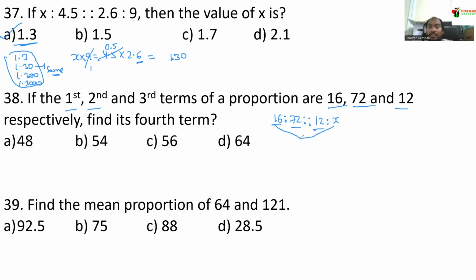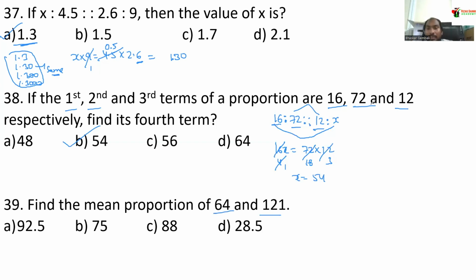Again, product of extremes equal to product of means. 16x equal to 72 into 12. 16 4s 4, 72 4s 18. So x equal to 18 into 3, which is 54.